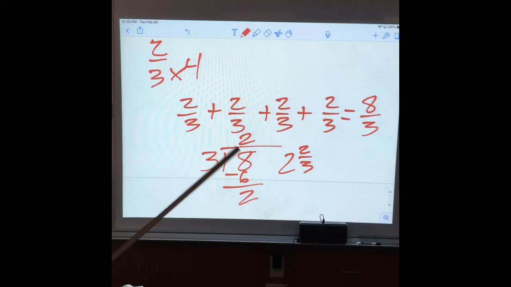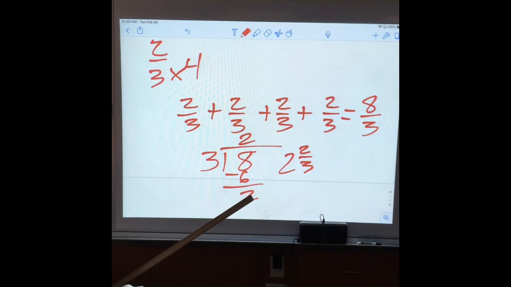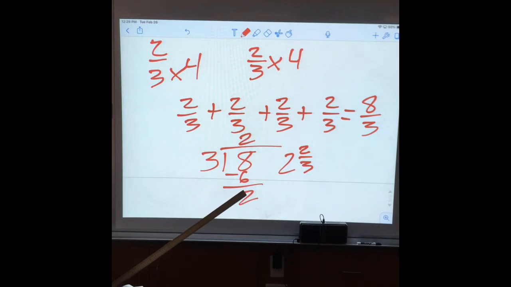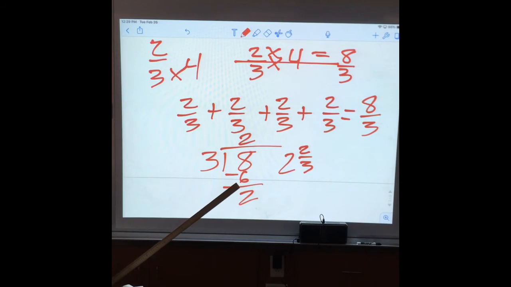We could also do it this way. We have our 2 here, our 3 here, times 4. I'm going to run this straight across. 2 times 4 equals 8, and our 3 on the bottom.